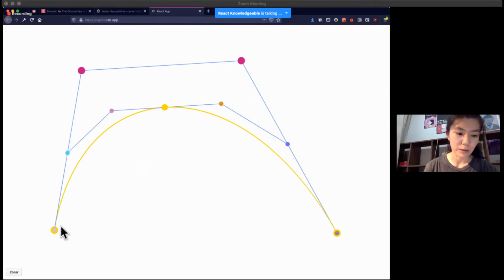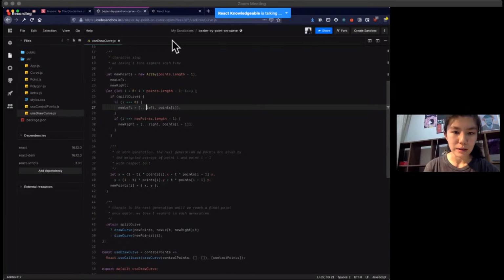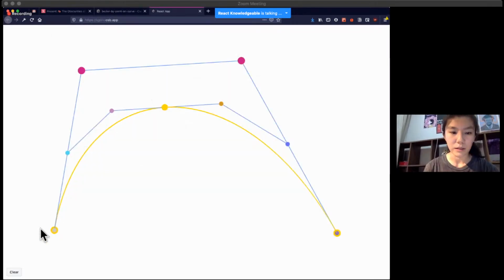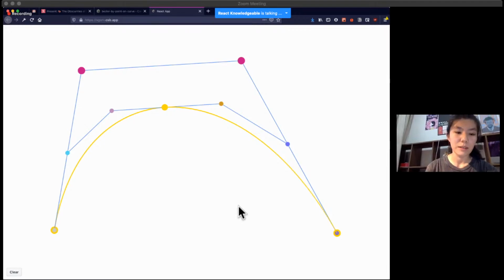So we're doing some logging and returning the left and right arrays, and here is how you get the broken down curves. Here we're actually breaking it down only once, but you can recursively break them down, and you won't have to compute any more control points at all. All of the control points are already computed.